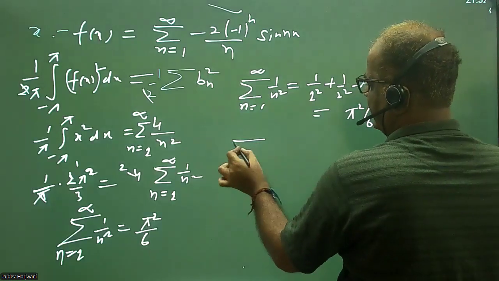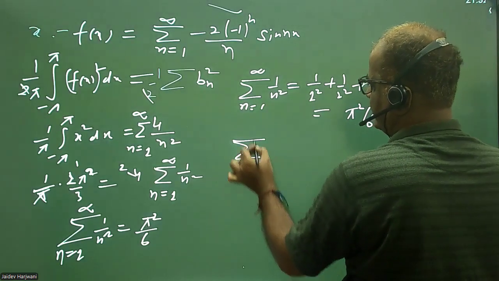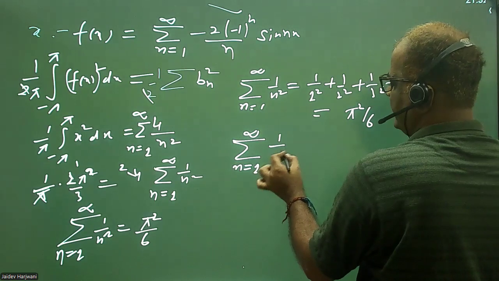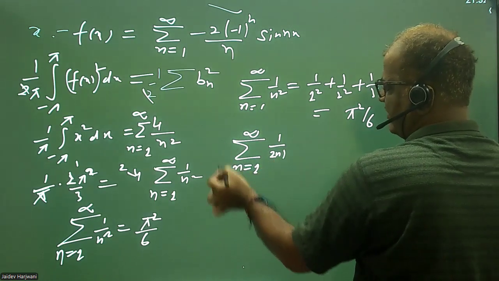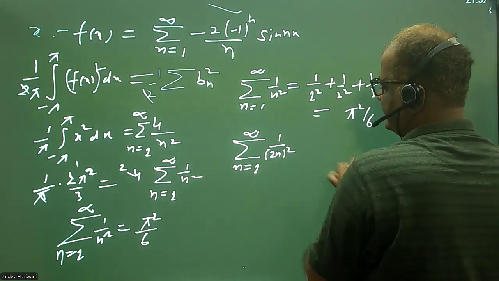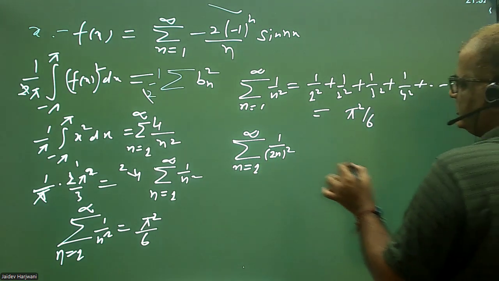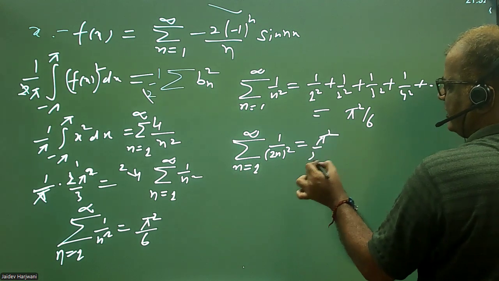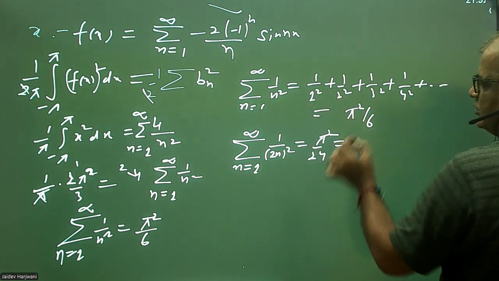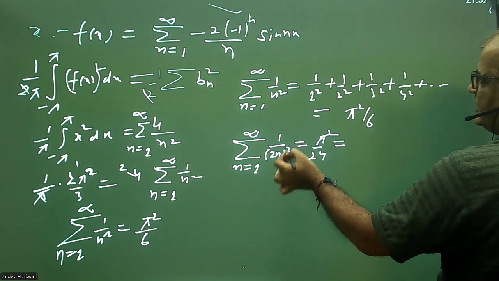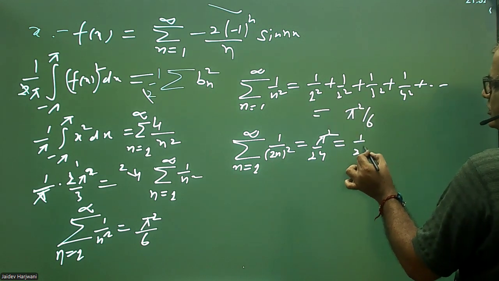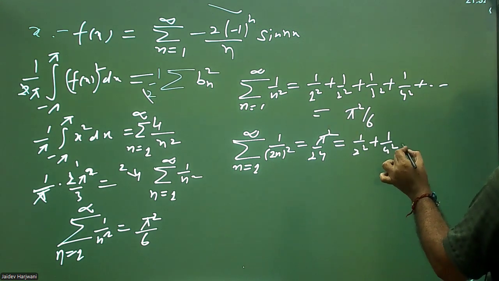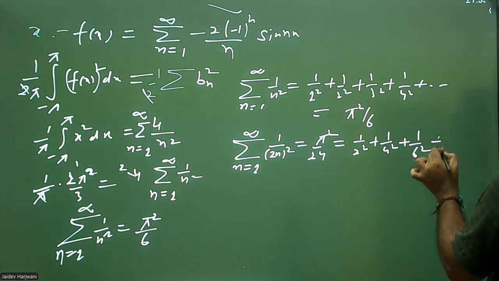Similarly, I can find the value of the series containing only even terms. I multiply this by 1 by 4, so 2 goes inside, and this becomes pi square by 24. And this is equal to, if you put 2n, only even terms: 1 upon 2 square plus 1 upon 4 square plus 1 upon 6 square.